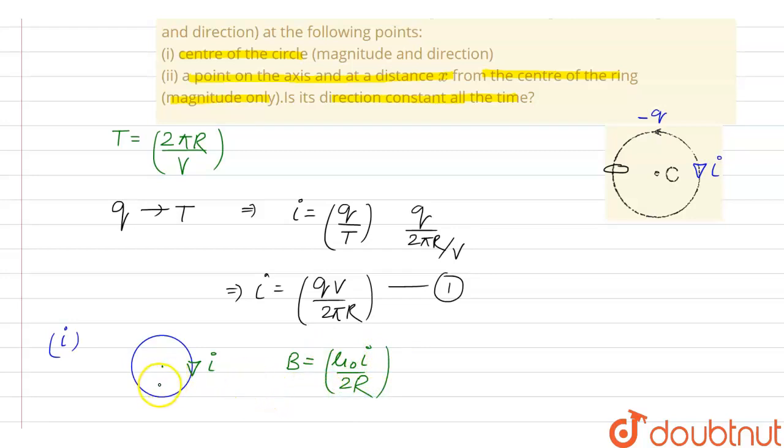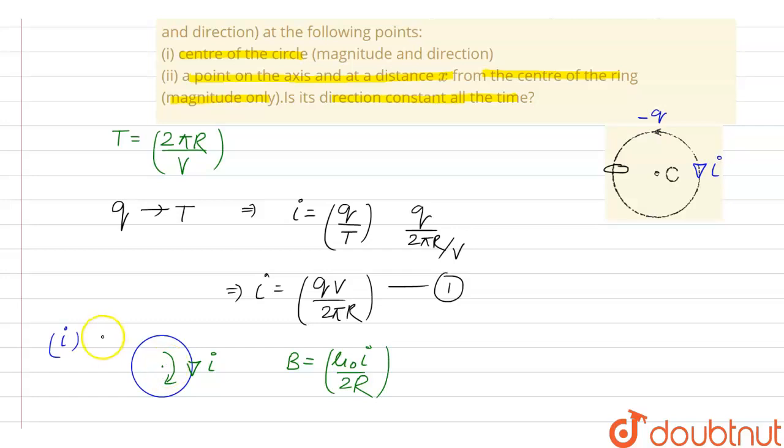For the direction we can simply use the screw rule. Suppose we are pinning a screw which is perpendicular to the plane of the loop, and we rotate the screw in the sense of the direction of current. Here the direction of current is clockwise, so if we rotate the screw which is pinned at the center, it will move inward.